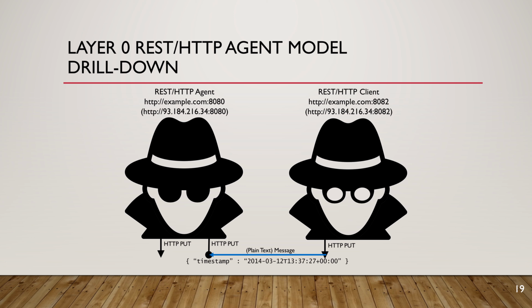We actually pull out the concept of the origin as the place to which messages are sent out of the agent, and you can see that messages come out of the client on that arrow interface, and they're received by the agent on the left with that interface that has the round circle. The round circle interface is the typical traditional service endpoint that you know and love. And we can see that there's a plain text message, a timestamp that we're trying to send from the agent, aka client on the right, to the agent on the left.